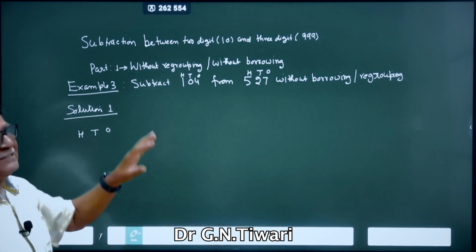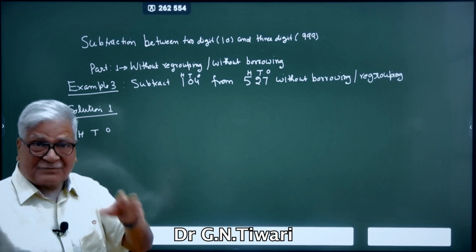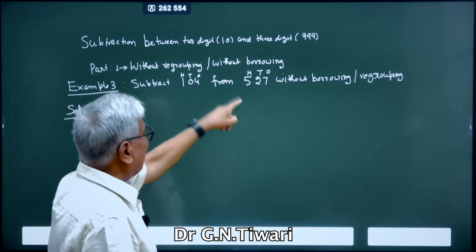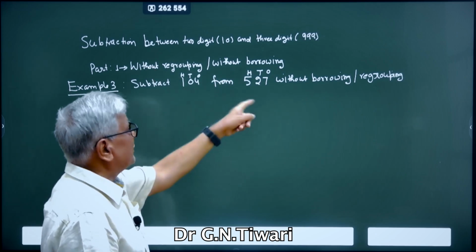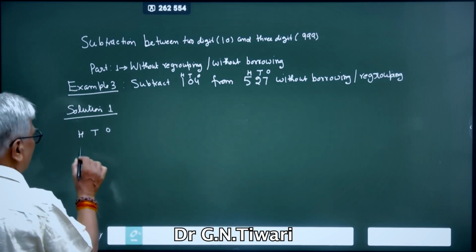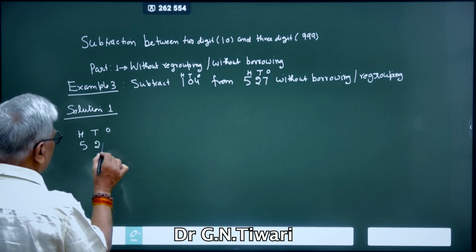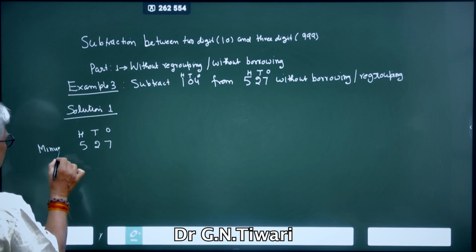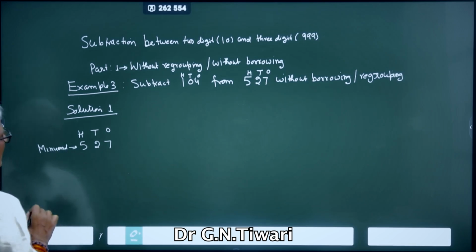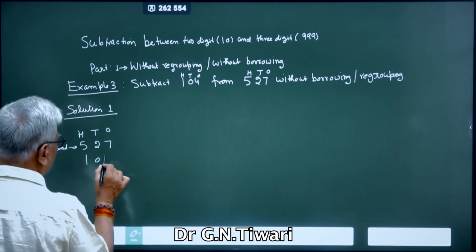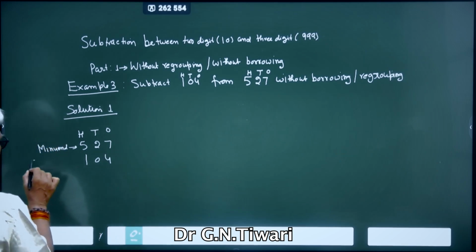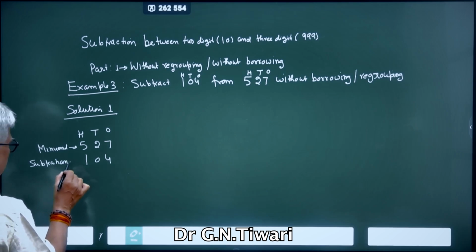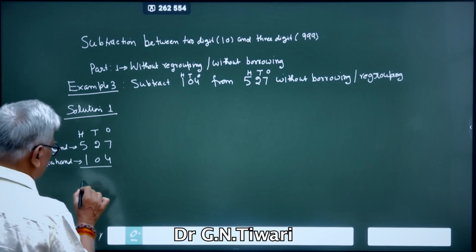By writing these things, if you remember, for comparison, I have said that if the digit at H is higher, this number becomes higher, the minuend. So you can write 5 to 7. This is the minuend. Then 104 is the subtrahend. And this is the difference.